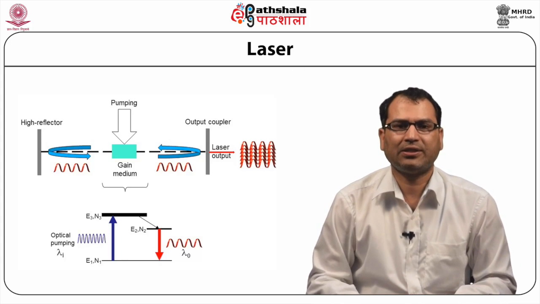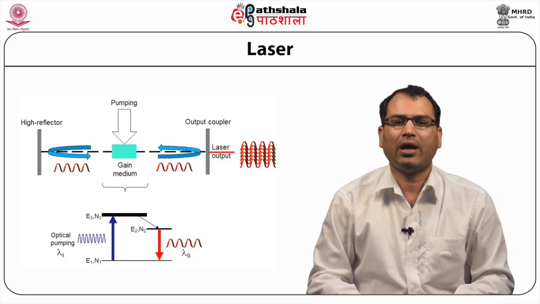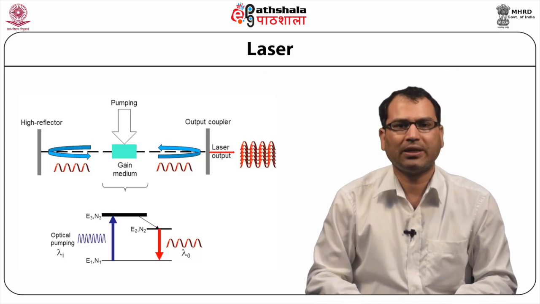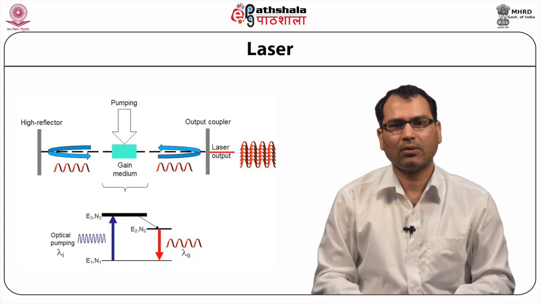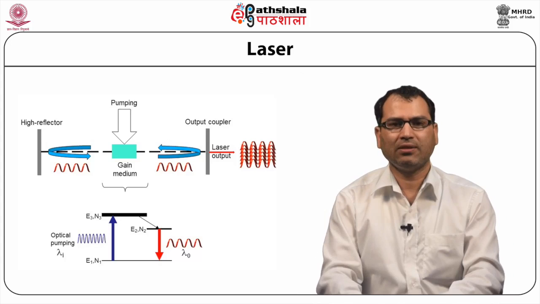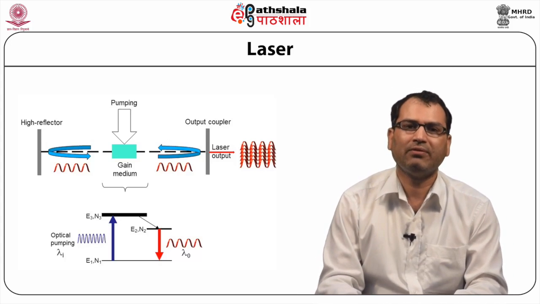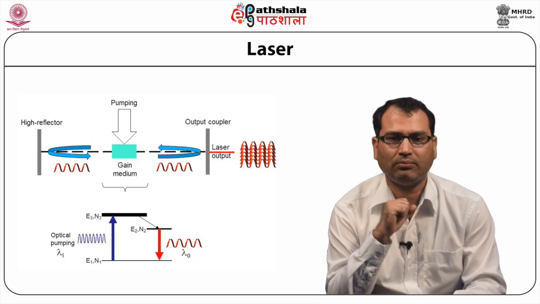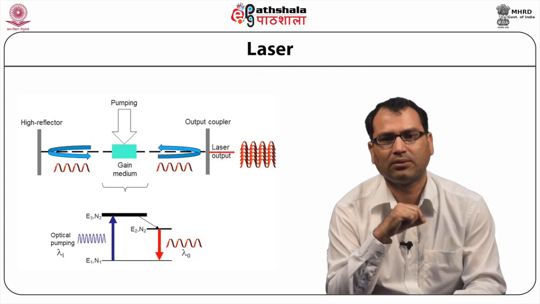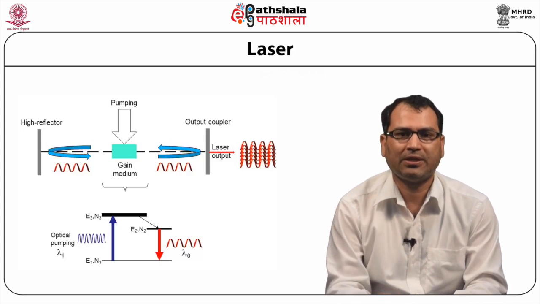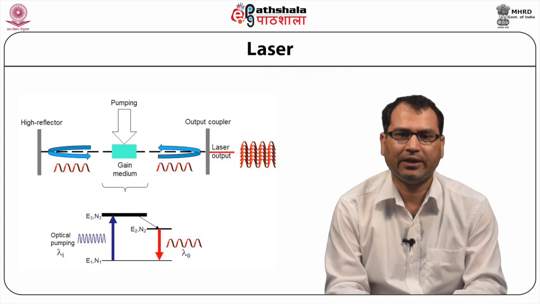Because of the optical excitation, you have the population build up in the excited state. But that is not the level which is lasing. You need to have a level which has a high lifetime for lasing. And that is the level which is represented as E3 here.